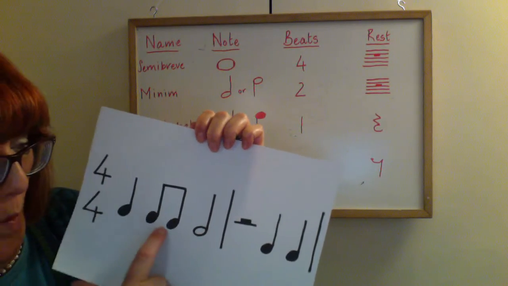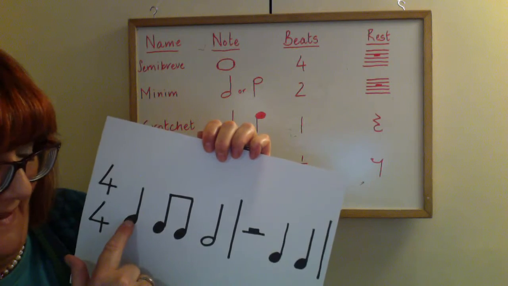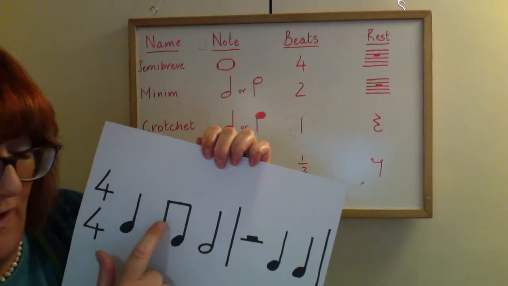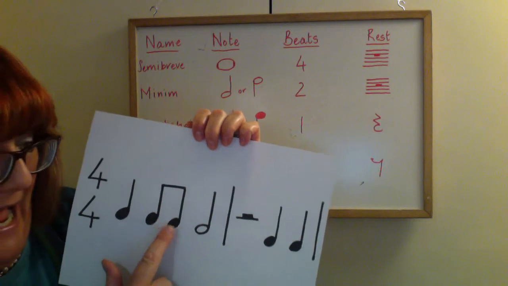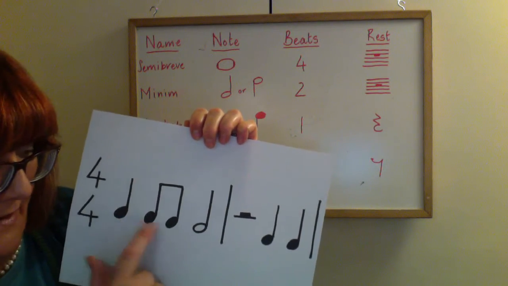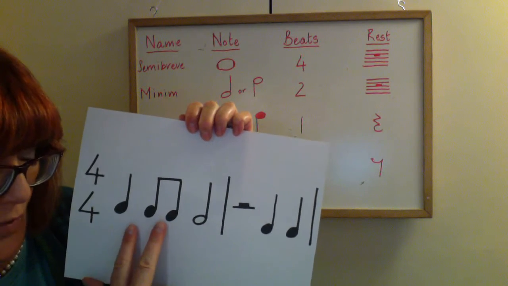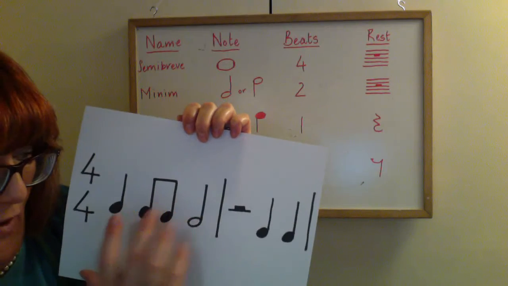That's right, we've got one beat between these two notes. So we've got one beat here, then between these two notes, we have another beat, and then we've got two beats here. So we've got one, and these two added up together makes another one. So that's 2, 3, 4.